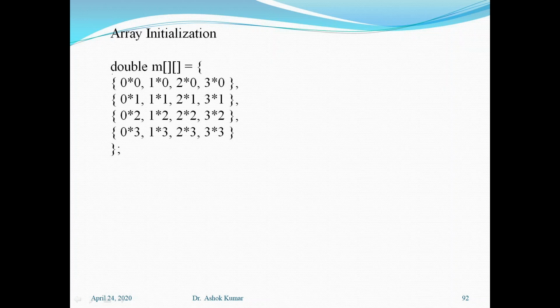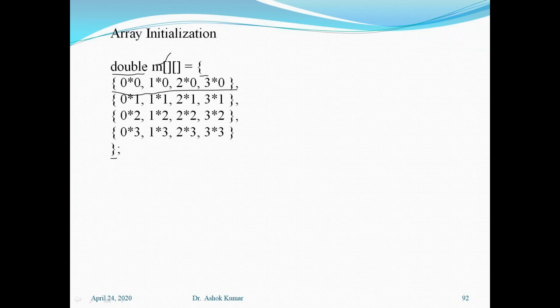First you write the data type, which is double in this case, then the name of the array m, then a pair of empty square brackets, with an equal to sign. On the right hand side of the equal to sign, within a pair of square brackets, you write the elements for the corresponding row. So this is the outer pair of square brackets, and with every inner pair of square brackets we are initializing a particular row.